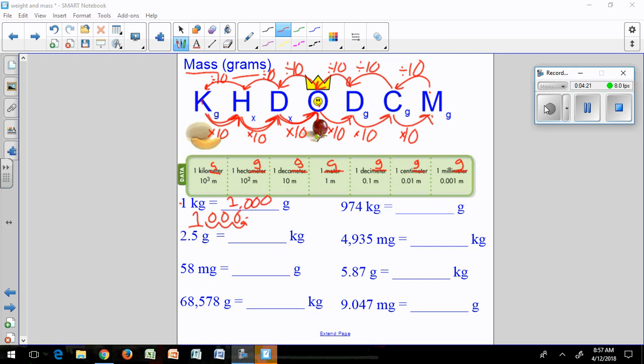In 1 kilogram, there are 1,000 grams. When I say I'm moving the decimal point to the right, I'm allowed to do that because I'm multiplying by a power of 10. Think way back to those exponents that we use. I'm multiplying by 10 three times. 10 times 10 times 10 equals 1,000, or 10 to the third.